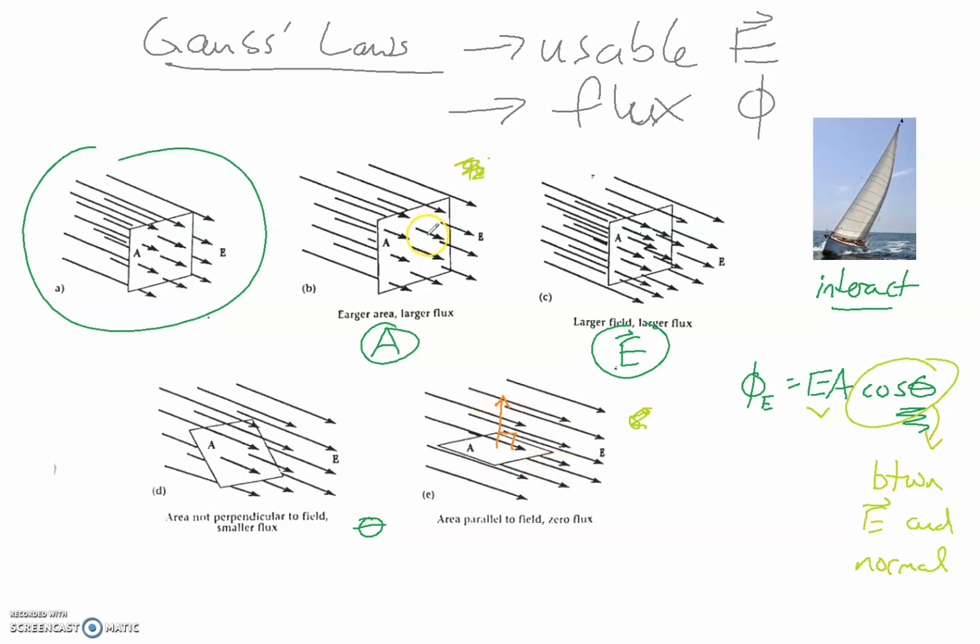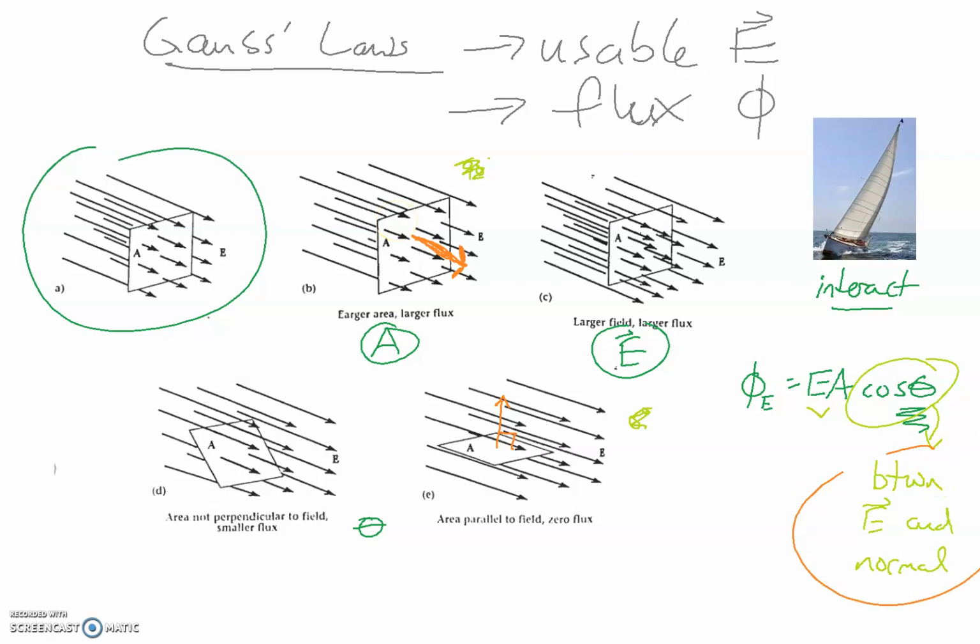If I go back over here, the normal vector would come out of the area something like this. The angle between the area normal vector, the normal vector right here, and the electric field is 0. The cos of 0 is 1, and this is maximum flux going through there.